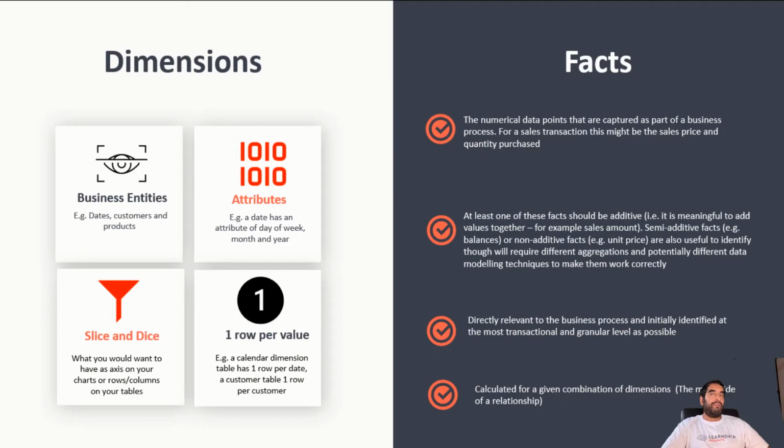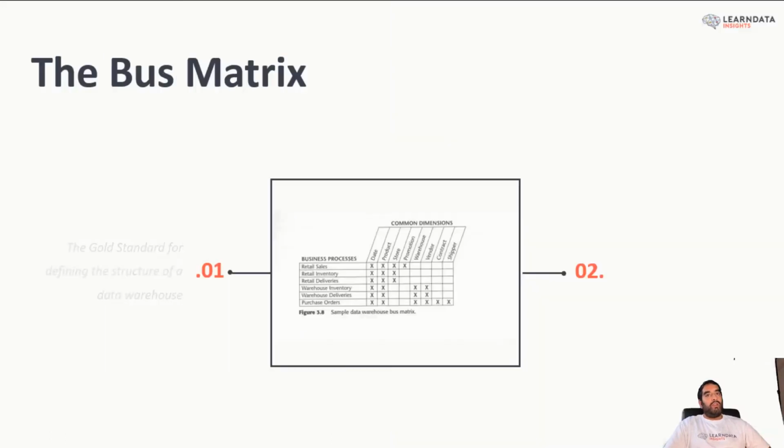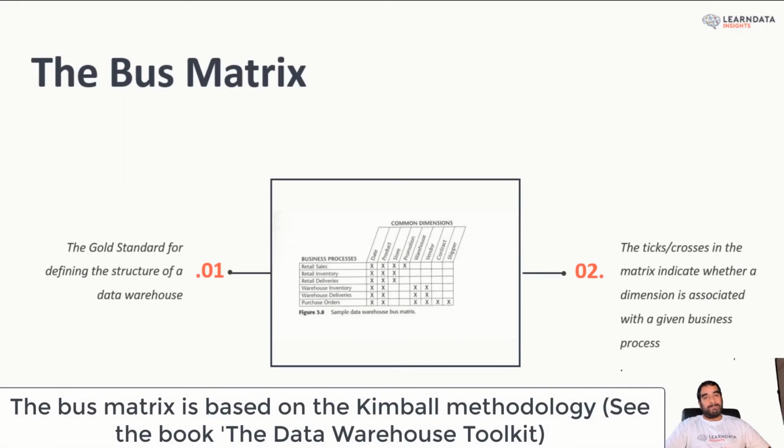So for that we could use a gold standard technique for data warehousing called the bus matrix. And you can look at this online. It's from Ralph Kimball. So the Kimball method of data modeling is something that Power BI works very well with. It's the star schema data model, which is dimensions and facts. And there's lots of nuances to this as well.